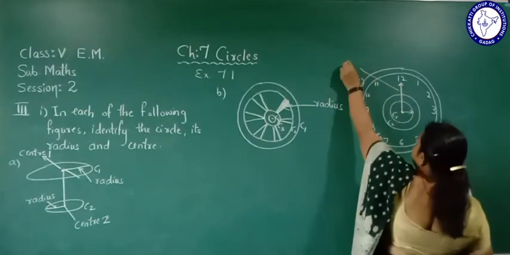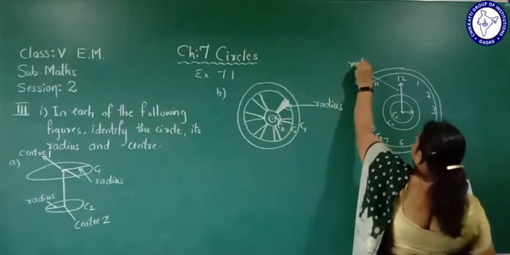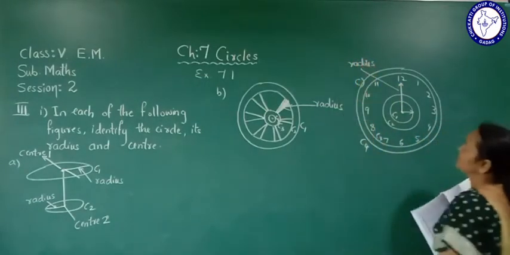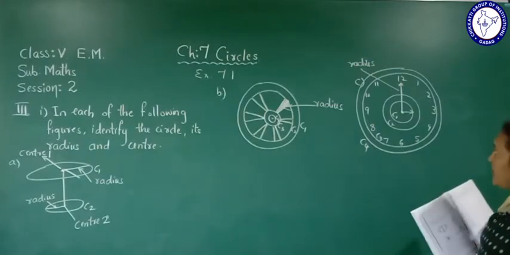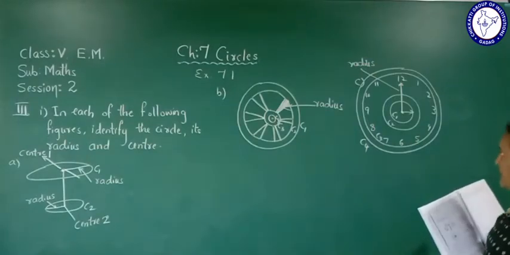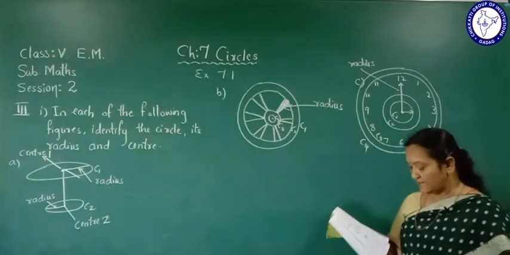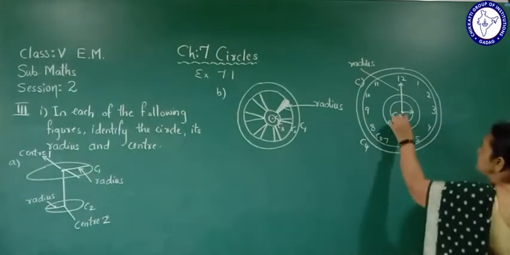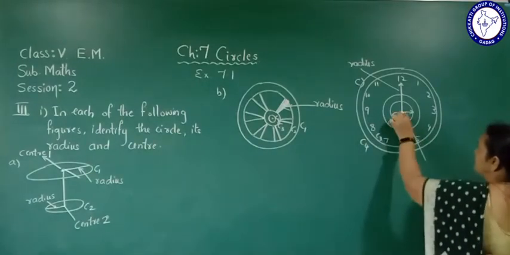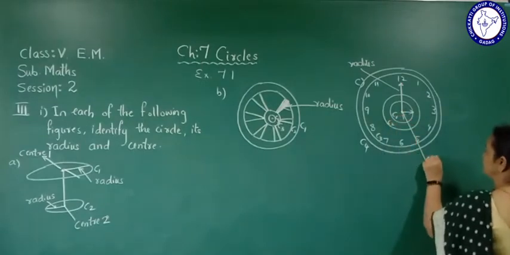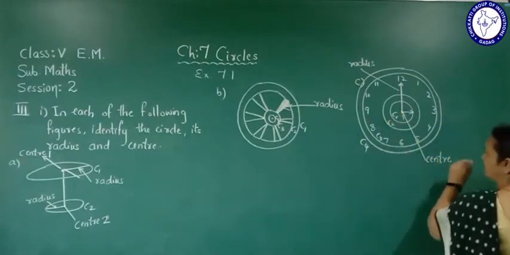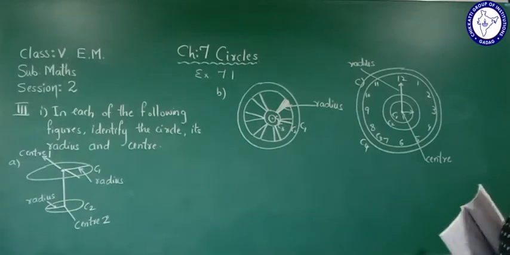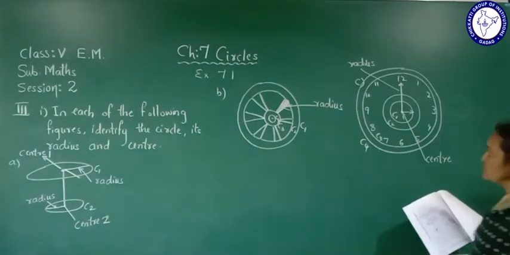Here the minute hand of the clock is called radius. Then this part is the center. This understood? Okay.